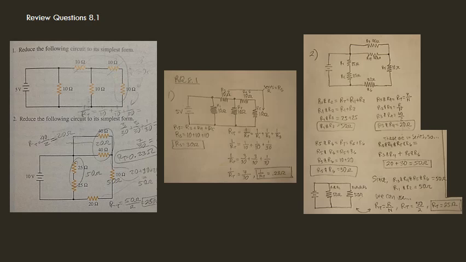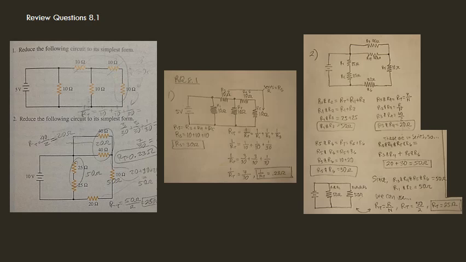R3 and R4, again, are a parallel circuit, and since those are both 40 ohms, they're the same, we can use the division method for that, where we just take one of the resistances divided by the number of resistors that we're talking about, in this case 2. So 40 divided by 2 equals 20 ohms. That part of the circuit is simplified to 20 ohms.